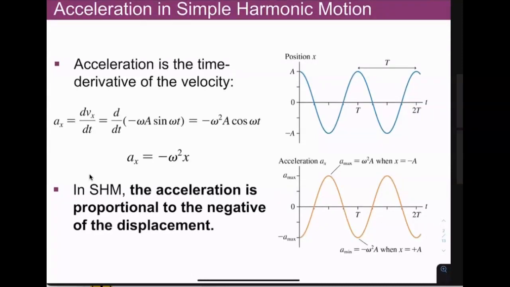So let's define acceleration in simple harmonic motion. Well, as before, acceleration is the time derivative of the velocity. So that's d/dt of the velocity, which is d/dt of minus omega A times the sine of omega t, which is equal to minus omega squared A cosine omega t.